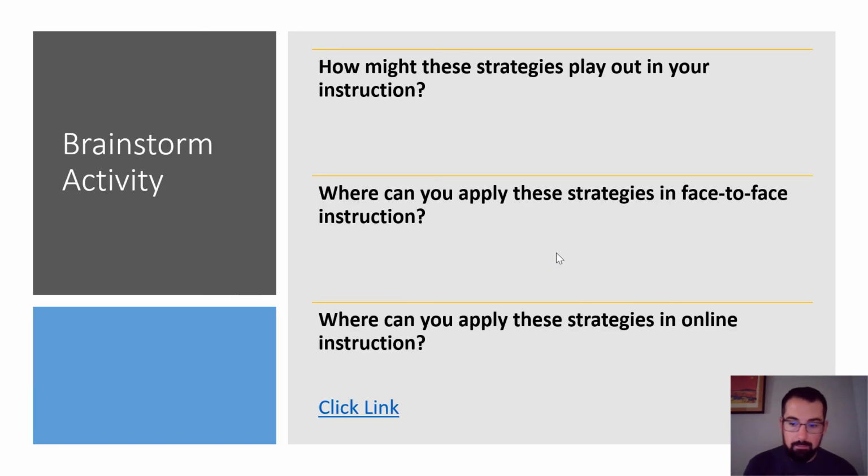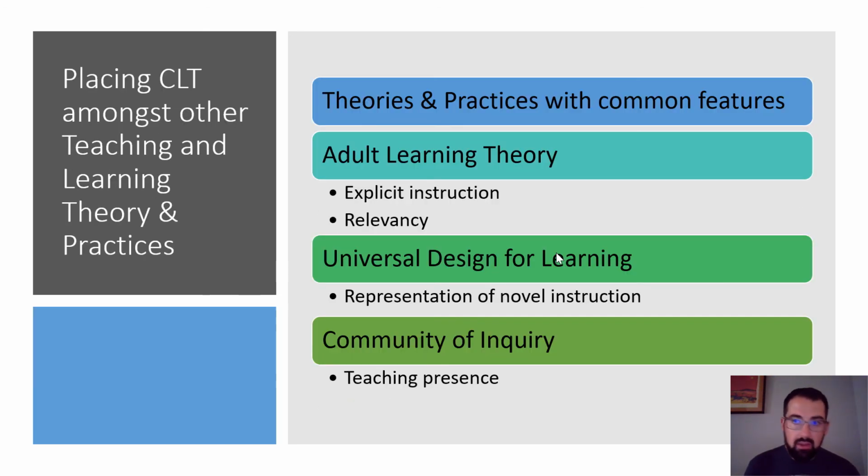This is how it connects to cognitive load theory. It hits on explicit instruction, that direct instruction that you hear about. It leverages relevancy. We will talk more about universal design for learning in the future, but it works on representation of novel instruction.